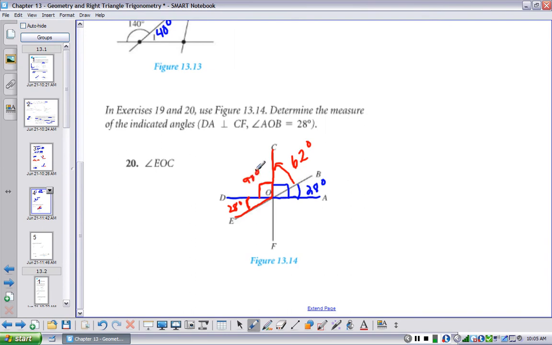This is 90 degrees. So the angle COE, or OEC, it can be called either, will be 90 degrees plus our 28 degrees, which is 118 degrees. These opposite angles are equal.